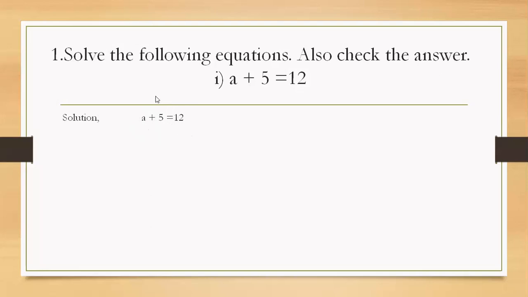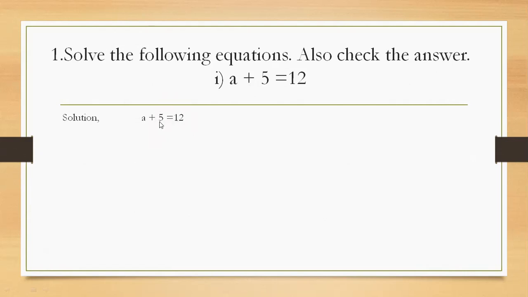While solving the equation, we should put the like terms on one side. Lakpa, are you understanding? What is the like term of 12? 5. Very good. When plus 5 goes to this side, it will be minus 5.